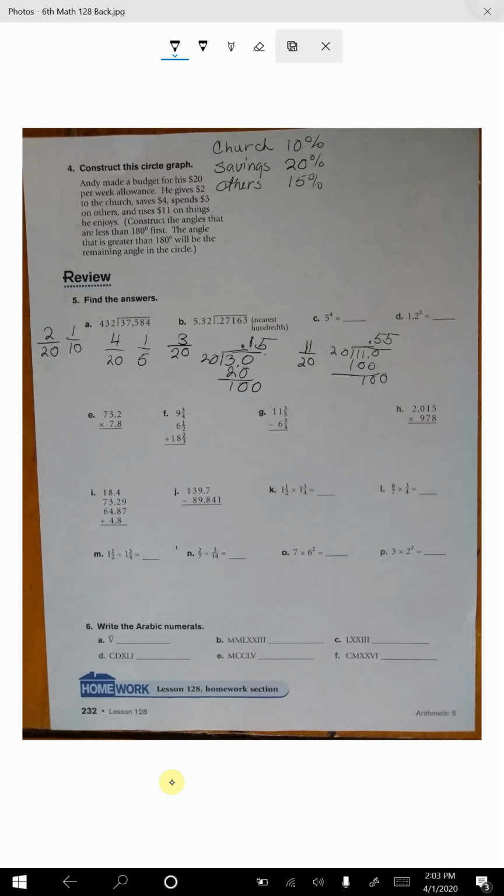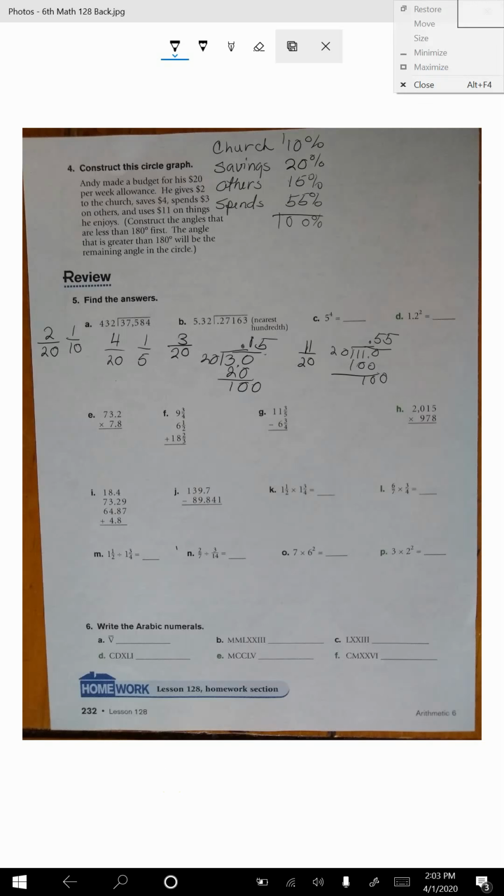So I'm just going to put spends 55%. Now if we did this right, this should come up to 100. 5, 10, 100. 5, 6, 7, 8, 9, 10, 100%. That's one way to check to see if you got that right.